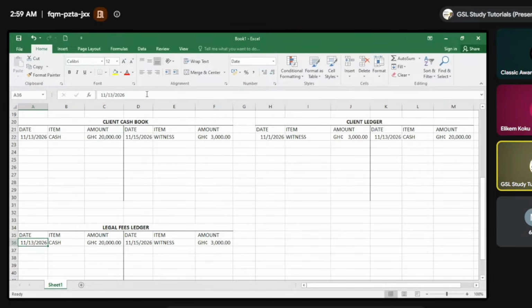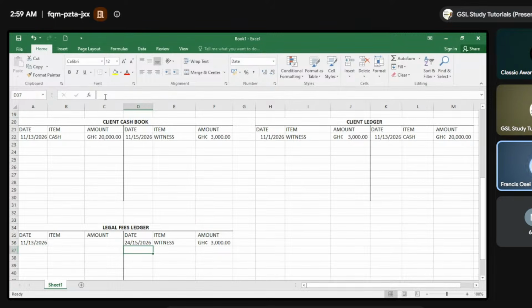Please, you have a question, go ahead. With respect to November 15th, the law firm paid 3,000 from Madam Fati's account. And we know that the rule is cash payment from the client account: you debit the client ledger and you credit the client cash book.